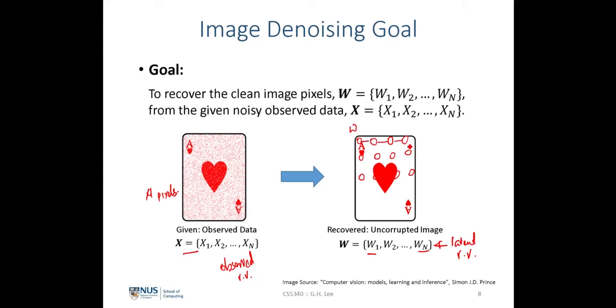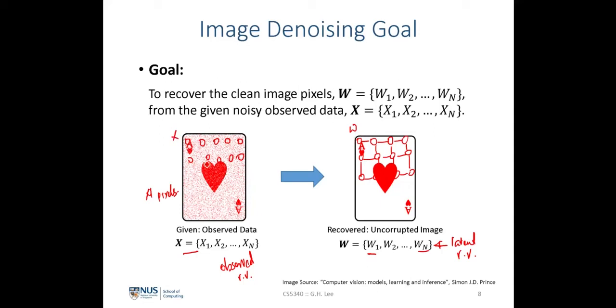This means that there will be a constraint between all the neighboring pixels, or at least the 8 nearest neighbors in this grid structure. For each one of these latent random variables, which is the uncorrupted image that we want to recover, there is an associated corrupted pixel in the observed data, which we are going to denote as x.